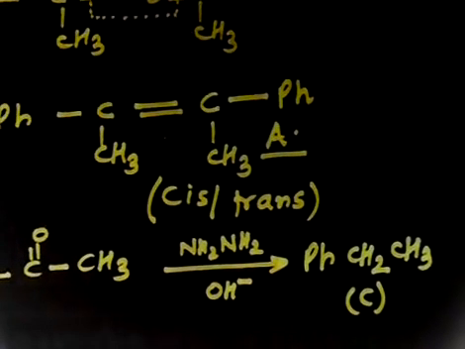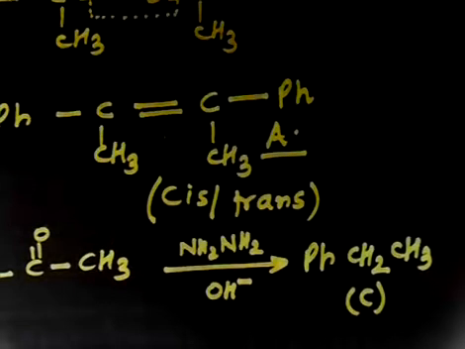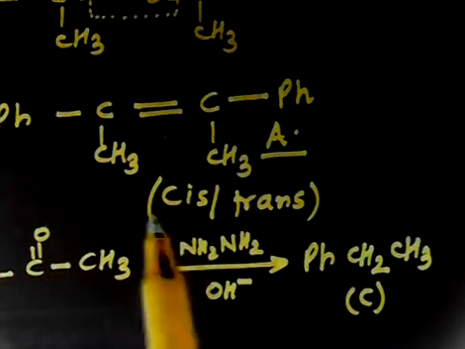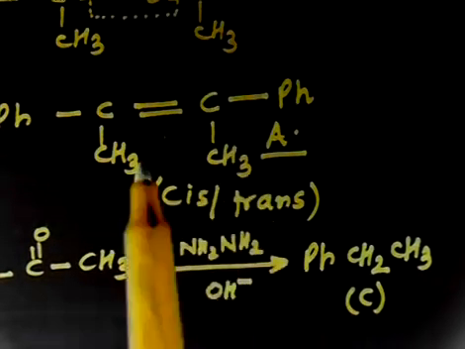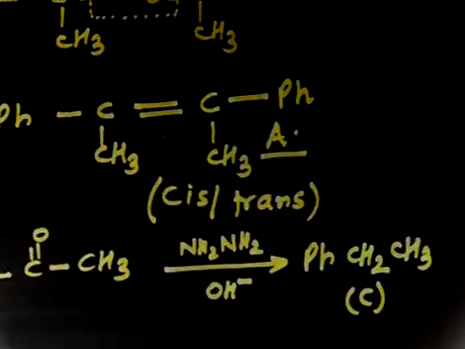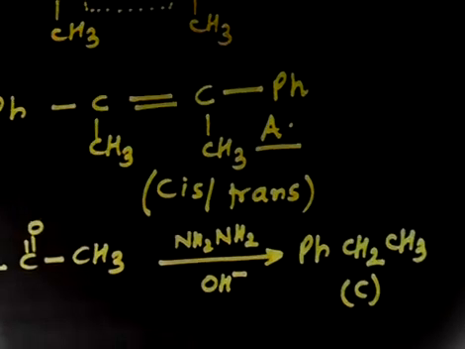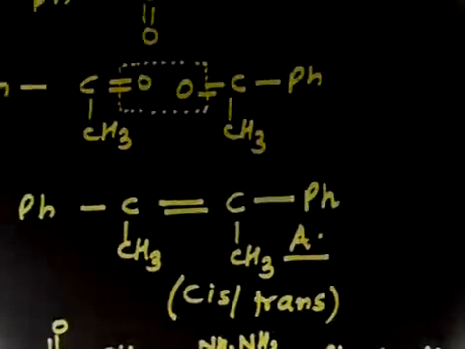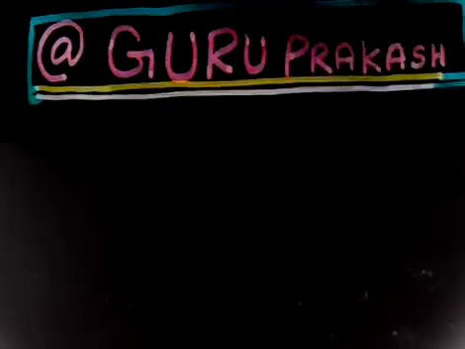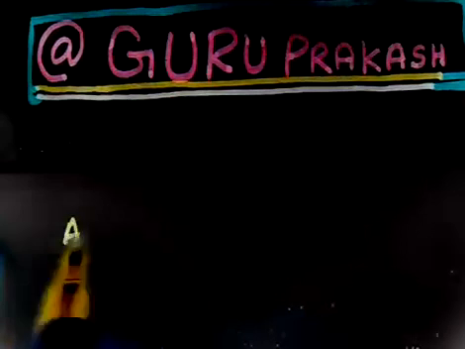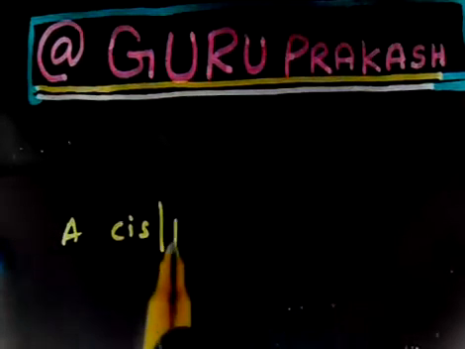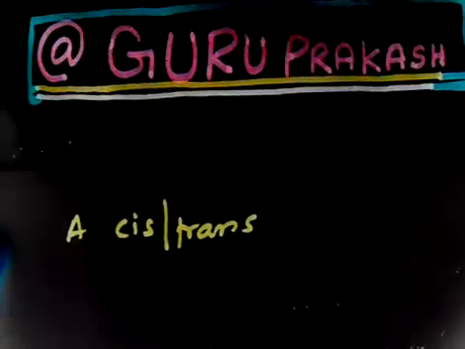Now the question also says write the structure of the isomers. So these are 2 isomers, and identify the isomer which on catalytic hydrogenation gives a racemic mixture. So now we basically have cis and trans. For A we have 2 structures: A can be either cis or trans.